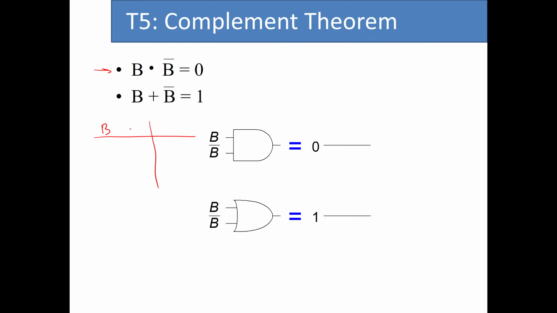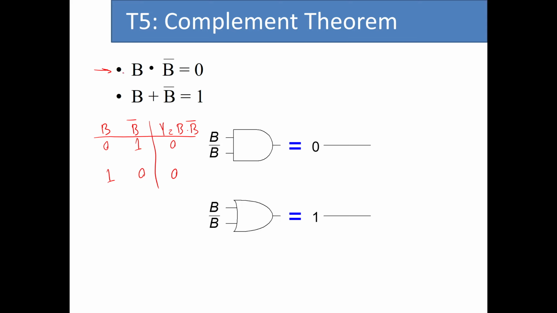So we have b here, we have b bar here, and we have y to be b multiplied by b bar. So when b is 0, b bar is 1. When b is 1, its complement is 0. So ANDing 0 and 1, the result is 0. ANDing 1 and 0, the result is 0. And you can refer to the axiom that basically built this foundation for us, right?